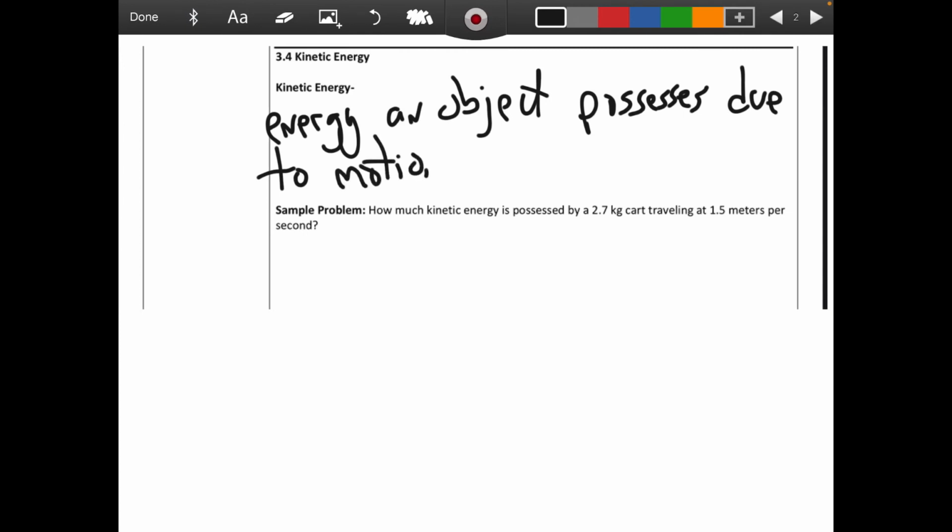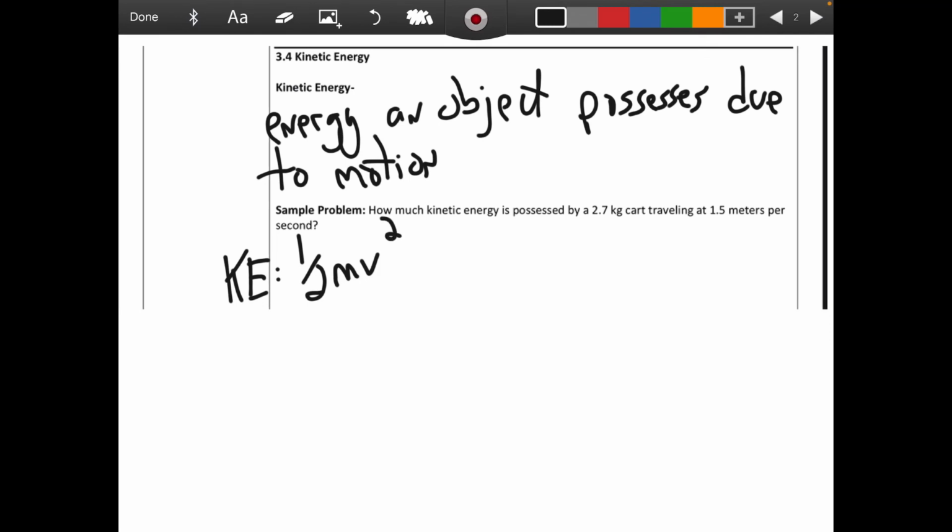So anything in motion has kinetic energy. So if an object's moving, it has some amount of kinetic energy. And kinetic energy is given to us by the formula 1/2 mass times velocity squared.